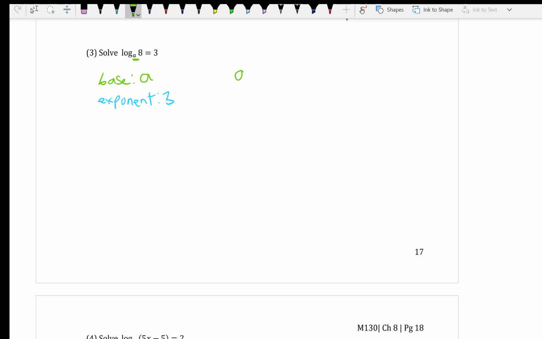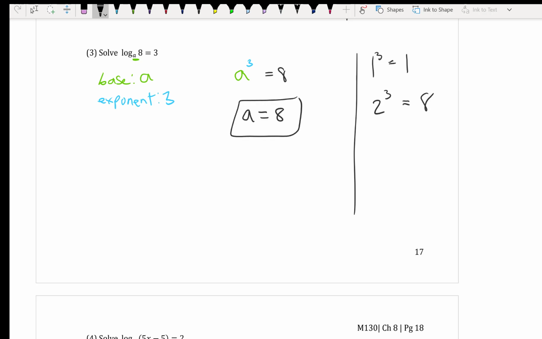So this is saying a to the 3rd power is equal to 8. Let's see our possibilities. Well, 1 to the 3rd power is 1. 2 to the 3rd power, so that would be 2 times 2 times 2, which gives me 8. So in this case, we have that a is going to be equal to 8. Okay.